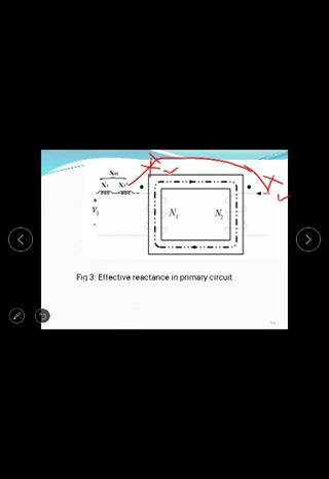X01 is equal to X1 plus X2 dash. Here X2 dash, in terms of turns ratio, is a square into X2, or otherwise in terms of transformation ratio, X2 by K square.